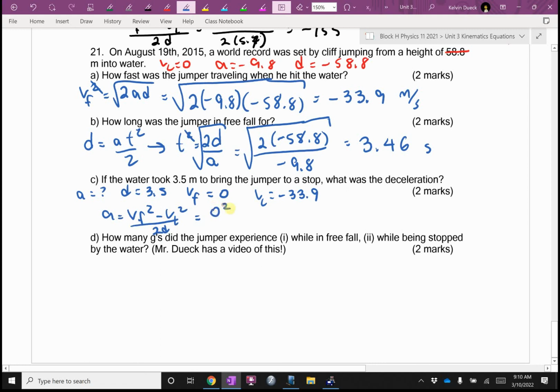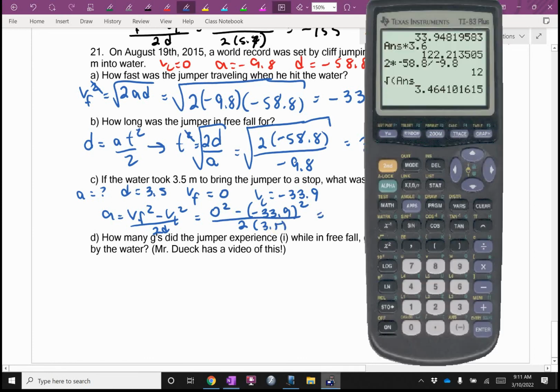It's going to be 0 squared minus negative 33.9 squared in brackets all over 2 times 3.5. Bracket 0 squared minus bracket negative 33.9 squared. No, hang on, Mr. Dewick. The squared goes there. Divided by bracket 2 times 3.5. Whew. I think I typed that in right. I got negative 164.